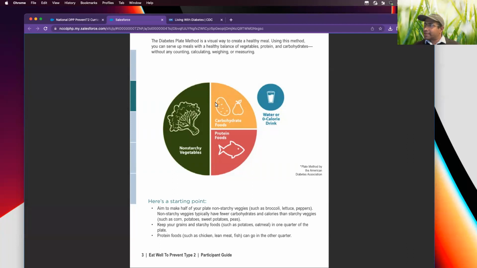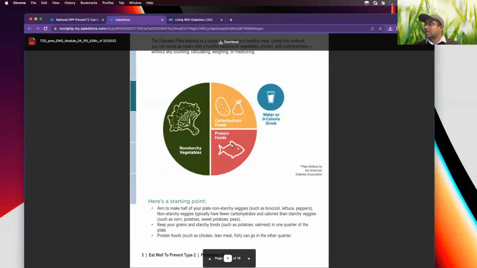So they keep your grains and starchy foods in a quarter of the plate. It's good that they're allowing you a quarter for grains and starchy foods, like potatoes, oatmeal, or even rotis, or rice, things like that. And the protein foods can go in the other quarter, which is where you're adding your sambar.